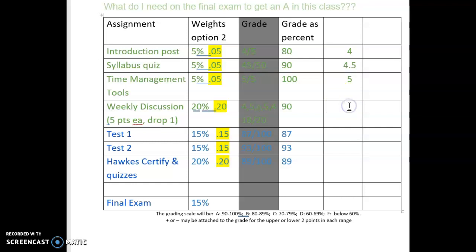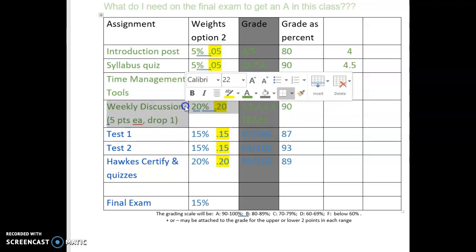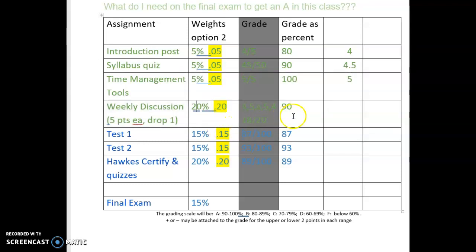And then down here, you can do the 0.20 times the 90, and that'll tell you how many of those 20 percentage points of your total grade you got. You got 90% of those 20 percentage points. So that gives you 18 points towards your final grade out of the 20 points you could have gotten towards your final grade from that.